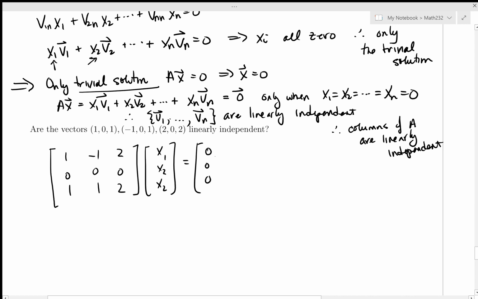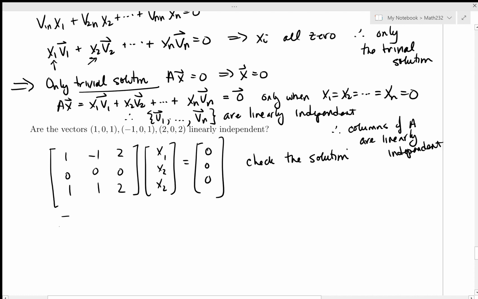Then I can use the theorem to draw the conclusion that these vectors are linearly independent. Now what I want to do is check the solution, and see, is it the trivial one or are there more solutions?